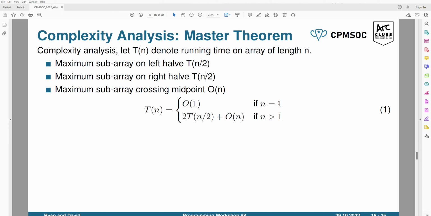When n is equal to 1, it's constant time. Otherwise, we divide the problem by 2 and call it twice, plus O(n) as the time complexity we use in the combine step.